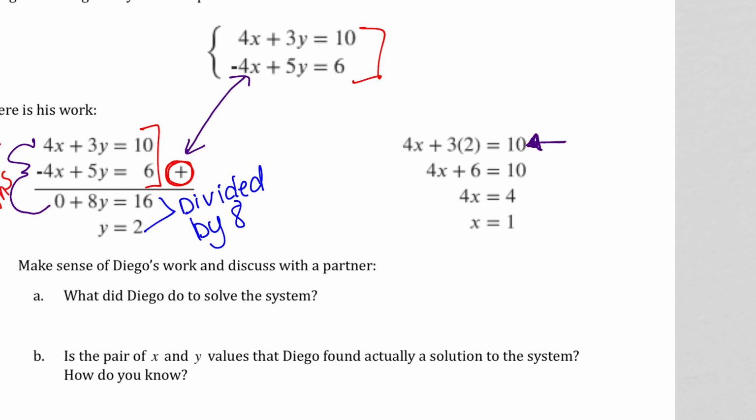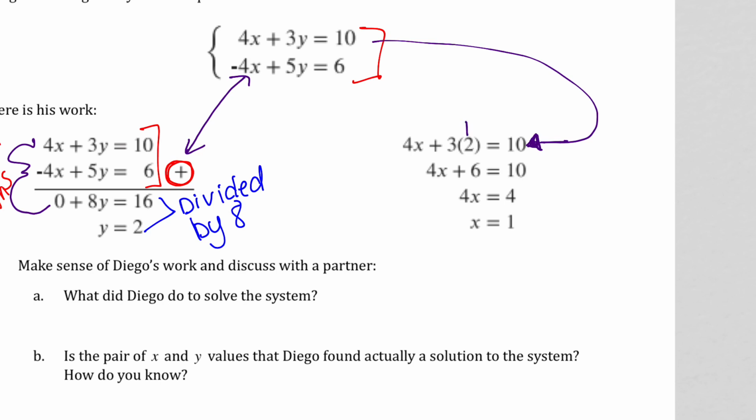I'm trying to figure out what x is, that part. But where did the equation come from first? What equation is this? So this is going to be our top equation. That's where it came from.